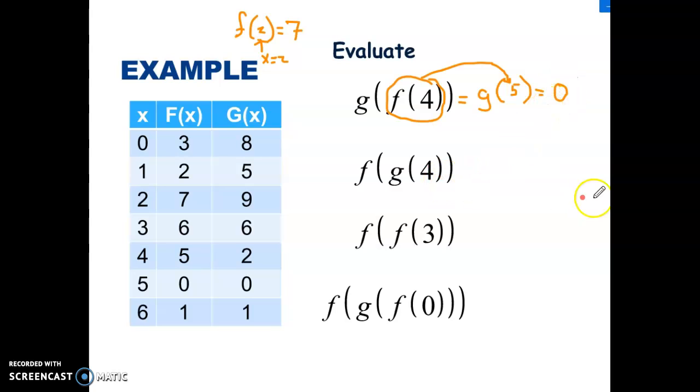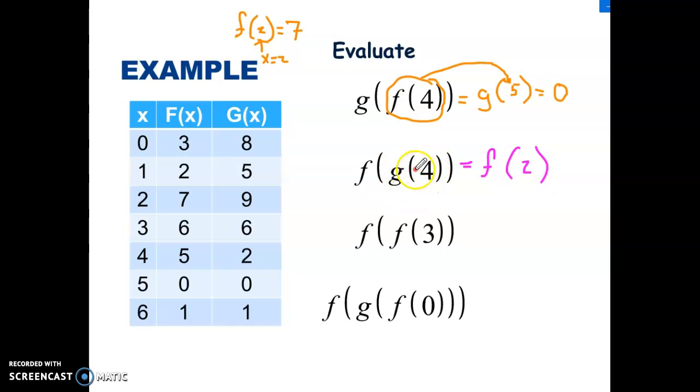Okay, playing the second one here. Notice this time the g of 4 is inside the parentheses. So what we're asking for is what's the output for the g function when x is 4? I go here, x is 4, I go to the g column, and I see a 2. So this g of 4 has an output of 2, which is the same thing as writing f of 2 in this case.